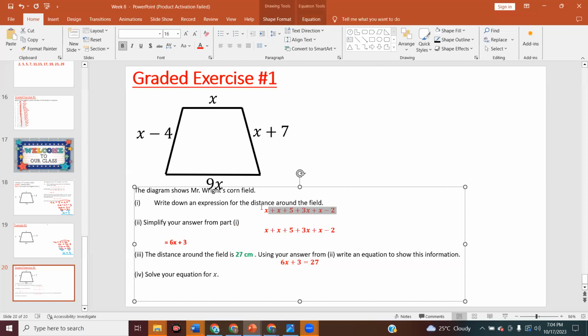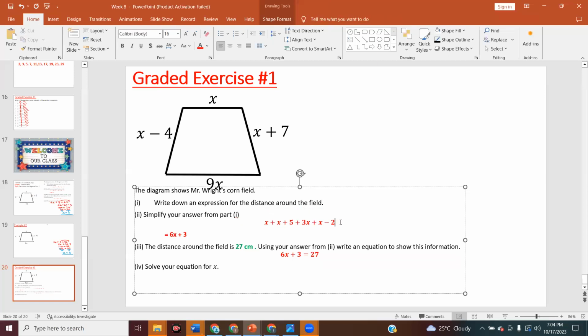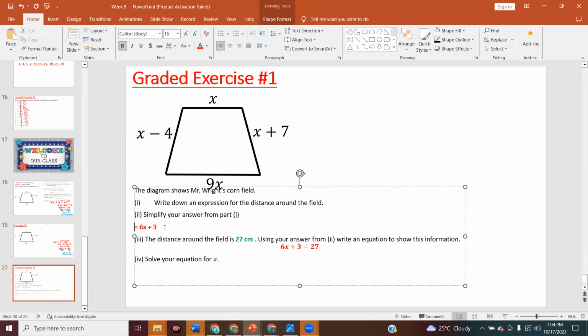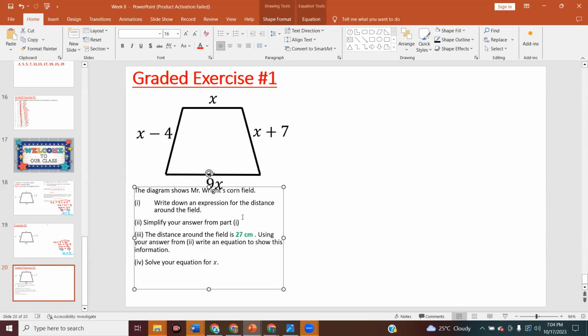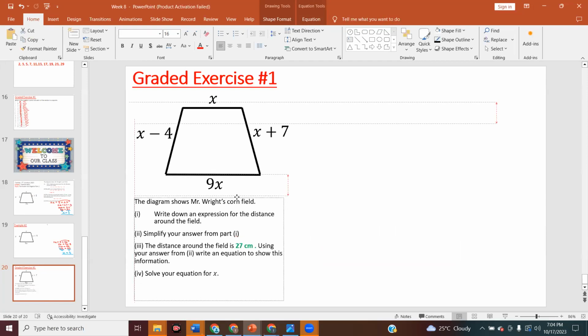So you want the distance around the field, move that, and put this over here. So let's say that this is Mr. Rules, and let's say that this is his apple field. So we want to write down an expression for that.